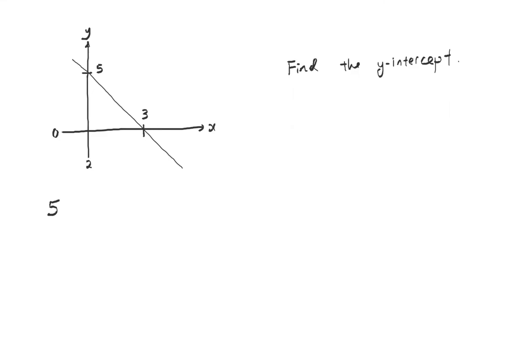When x equals 0, y equals 5. Why must I? The graph tells you it is. This is definitely wrong. Do you know why?